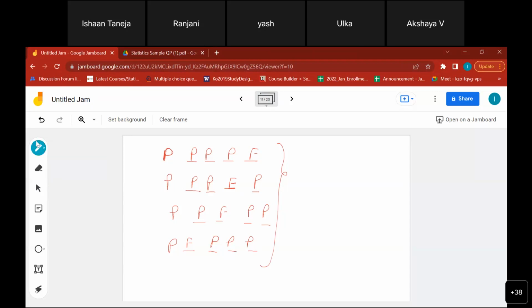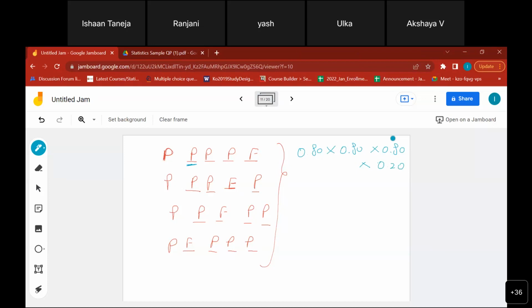So what would be the probability of the first one? The chance of passing the second test is 0.8, then passing the third one again 0.8, passing the fourth one again 0.8, and then failing the last one would be 0.2.